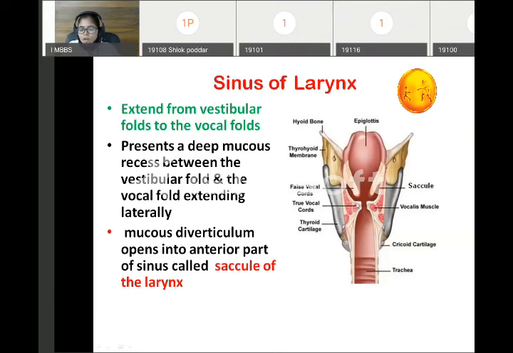In the vocal fold, the epithelium covering it is a lining epithelium. Below the lining epithelium, submucosa is absent, so glands are not there in the epithelium covering the vocal fold. So the lubrication of the rima glottis and vocal fold is done by the mucous glands present in the saccule of the larynx, so it is also called the oil can of the larynx.